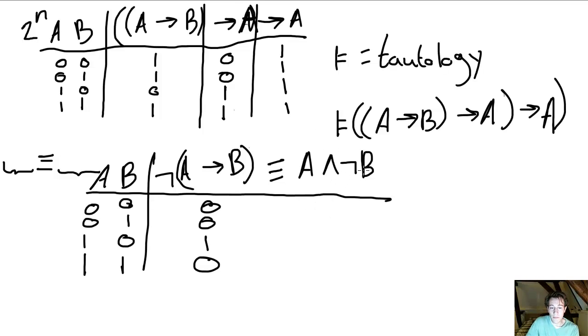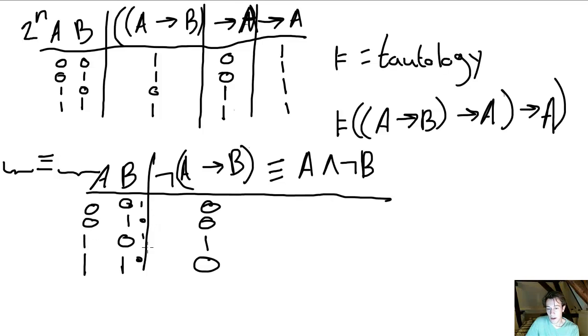Well, A and not B. So B is inverted, so you get 1 over here, 0 over here, 1 over here, and a 0 over here. Because it's an AND, the only true thing is when they're both true. So A is 0 over here, B is 1 over here, so that doesn't matter, that's always 0. 0 over here and 0 over here.